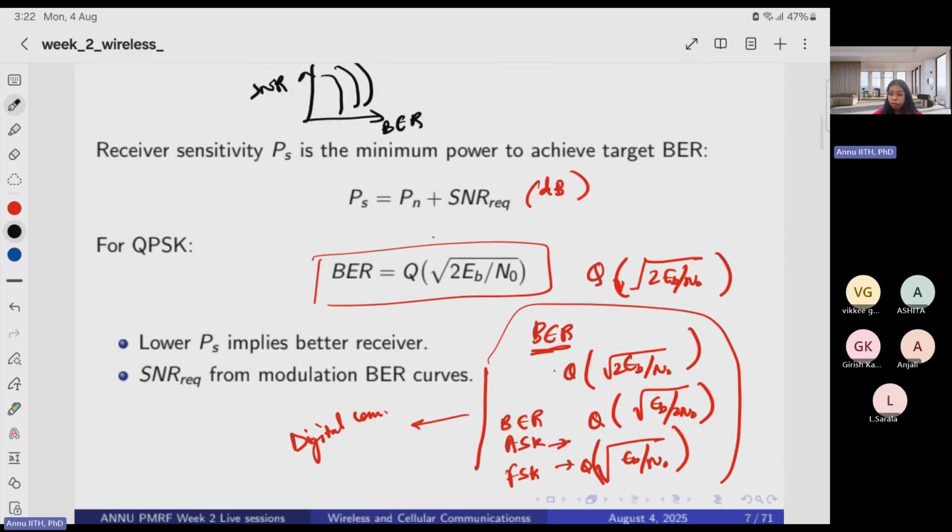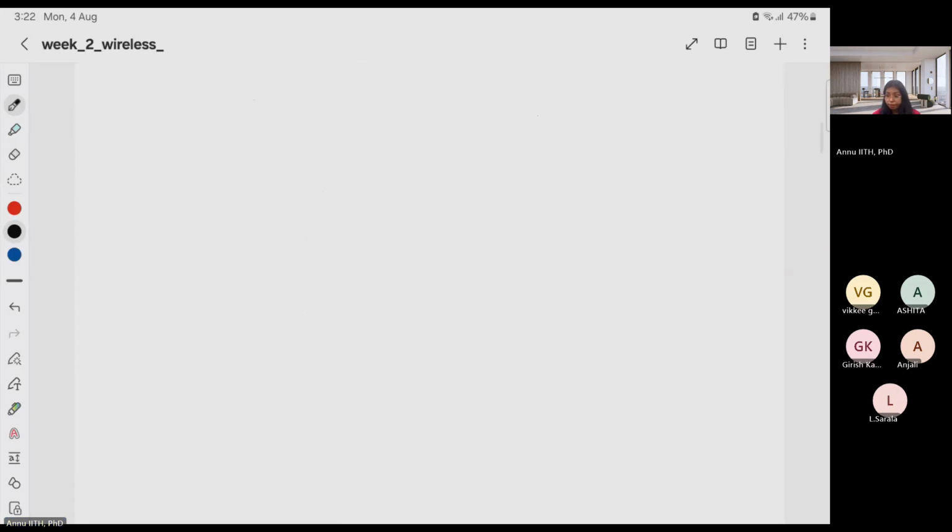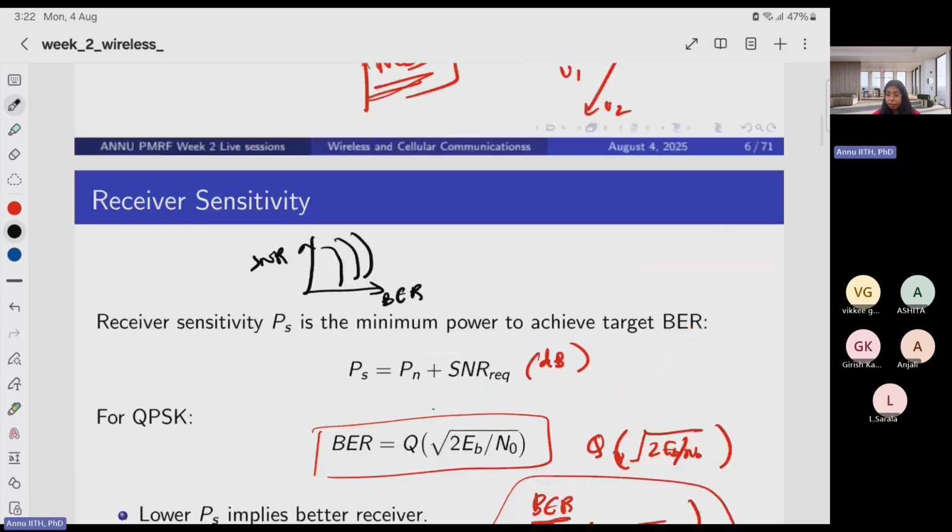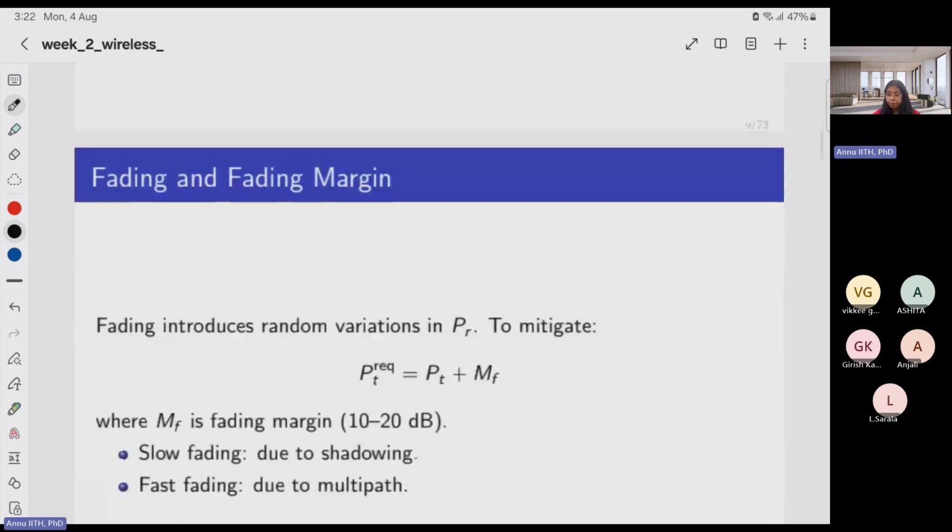Some theoretical questions will come from this, the receiver sensitivity Ps. Some multiple choice questions came last year, like whether the receiver sensitivity should be low, or depends on the noise power, or depends on the SNR. It is directly proportional to SNR as well as PN, to achieve the target BER.